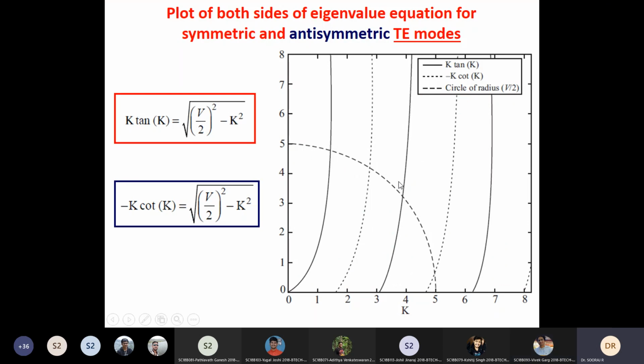What we are trying to do is solve the eigenvalue equation. I have written the two eigenvalue equations here. This K tan K is for the symmetric mode. The red one is symmetric and the blue one is the antisymmetric mode. So here the electric field had a profile cos kappa x, and here it had a profile sin kappa x.